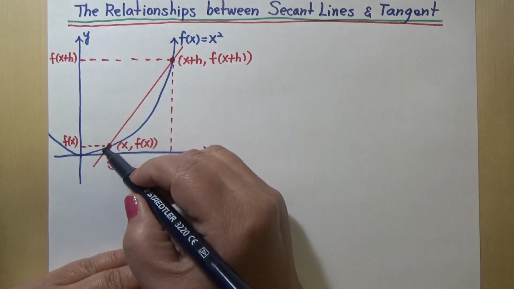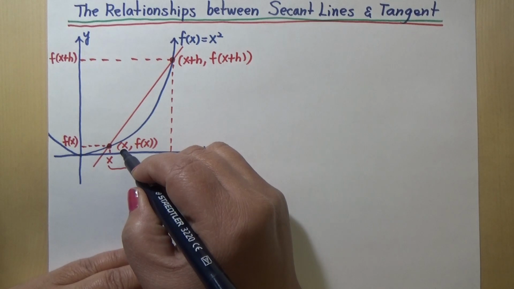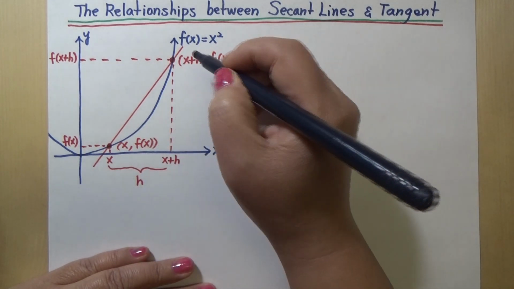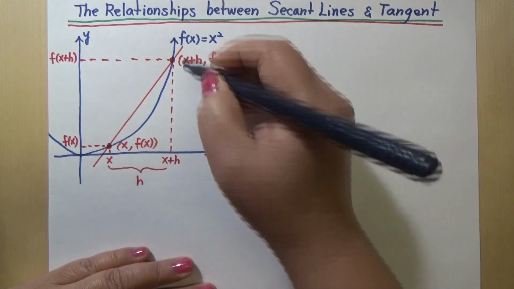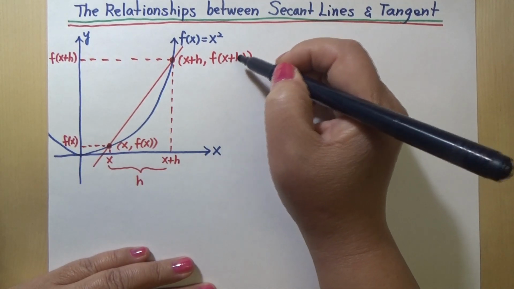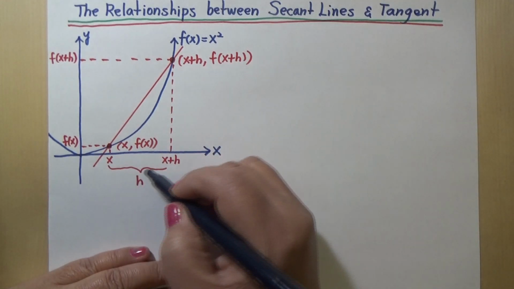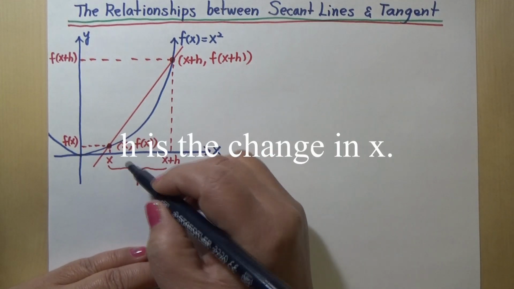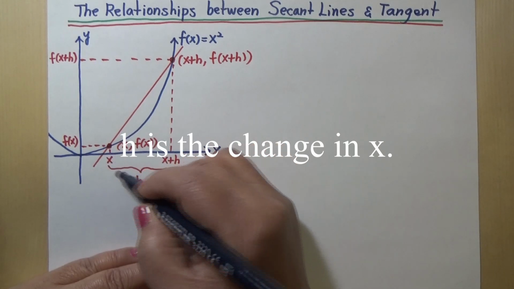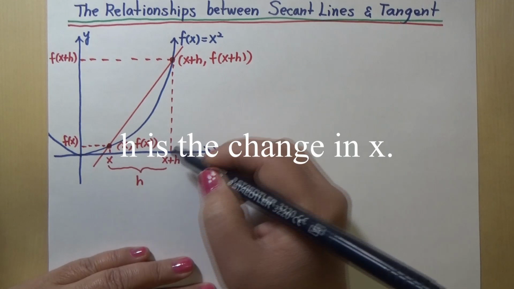And then this point, x value is x, y value is f of x, and this point, x value is x plus h, and y value is f of x plus h. And the h is the differences between two x values, okay?